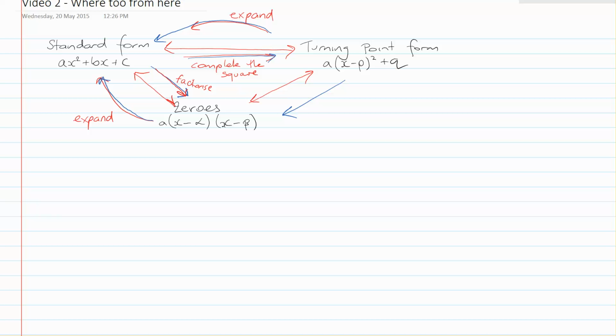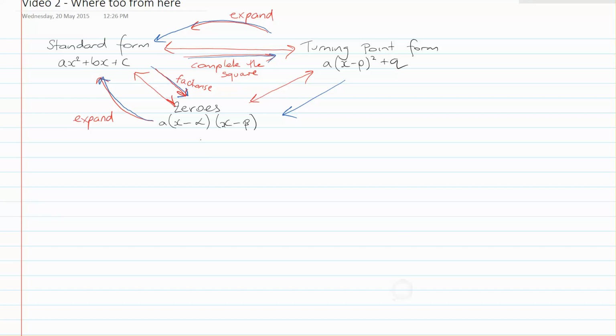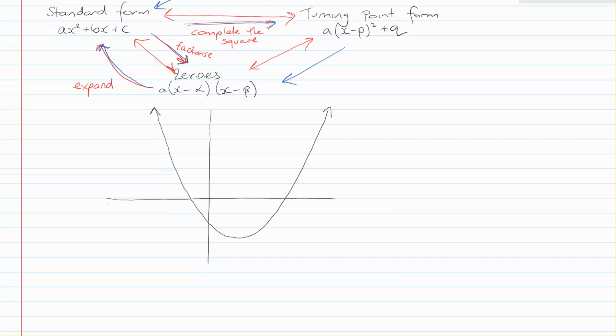The second thing I'd like to say is the zeros form is really important, because the zeros form tells you what we call the zeros, or the roots. So if you've got a quadratic function like this, there it is. This quadratic function has a turning point, and that turning point is at (p, q).